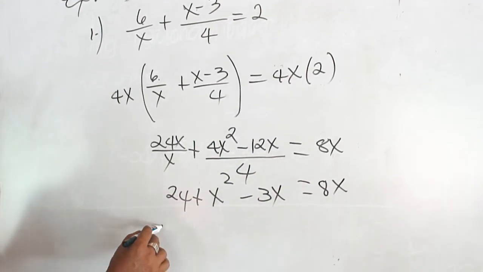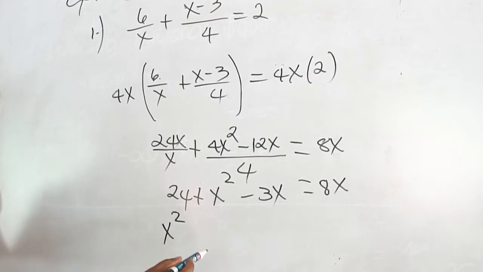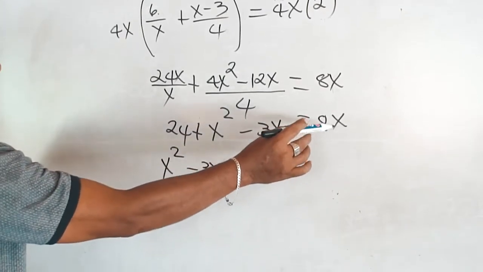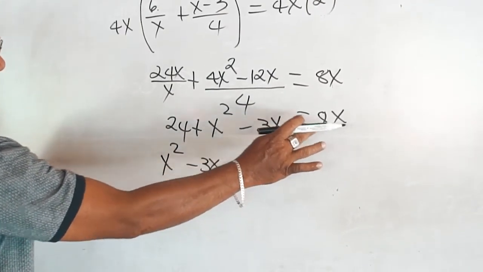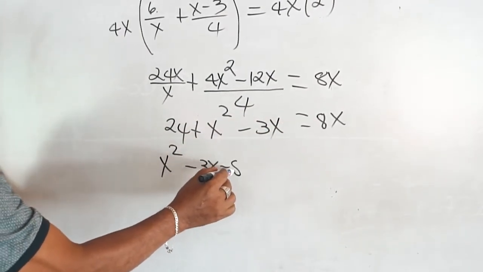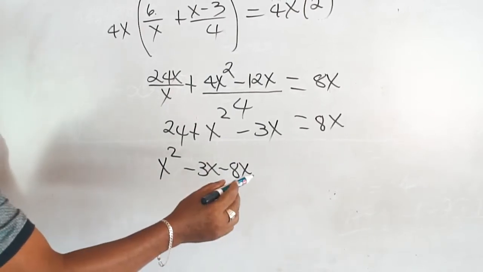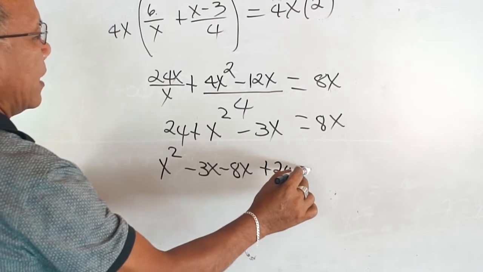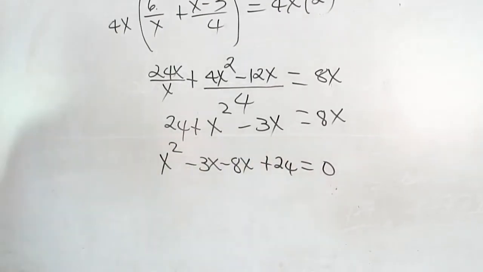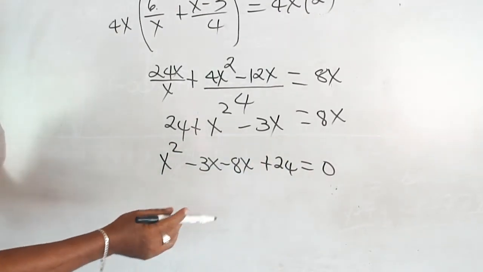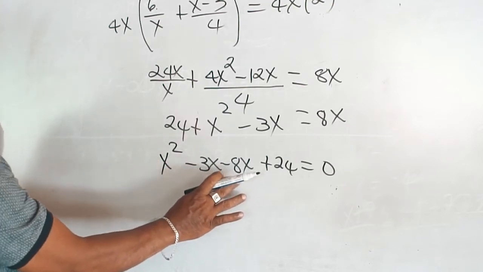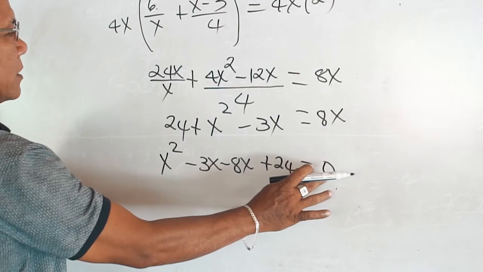Then arrange. We have x squared minus 3x, then transpose positive 8x, it becomes negative 8x, then positive 24 equals 0.